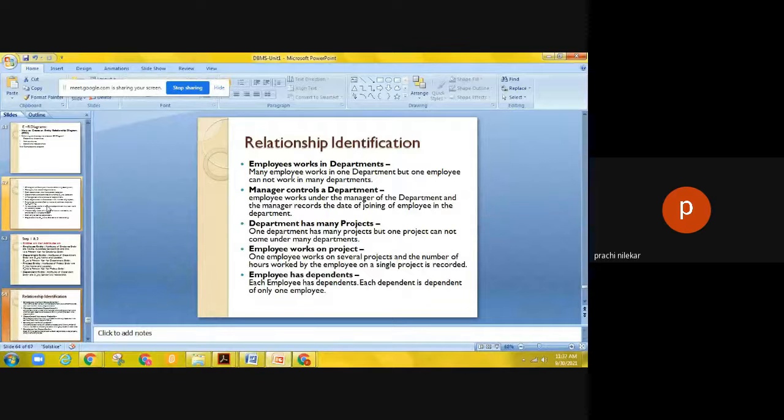One to many or many to one? See, one employee is related with only one department, right?